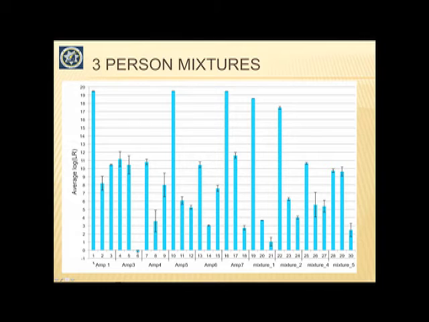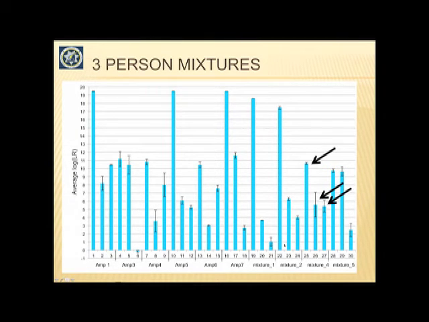These are the derived contributors for these 3-person mixture samples, and the replicate analyses, and just how reproducible are those log likelihood ratios. And what you can see is that the standard deviations are really very small. These runs really are quite reproducible.